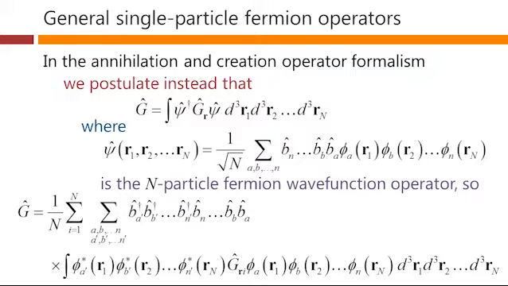And then also from the adjoint of the wave function operator, we have all of these operators, which become creation operators now because of the adjoint. The order of them is the opposite of the order here because of the adjoint operation as well.